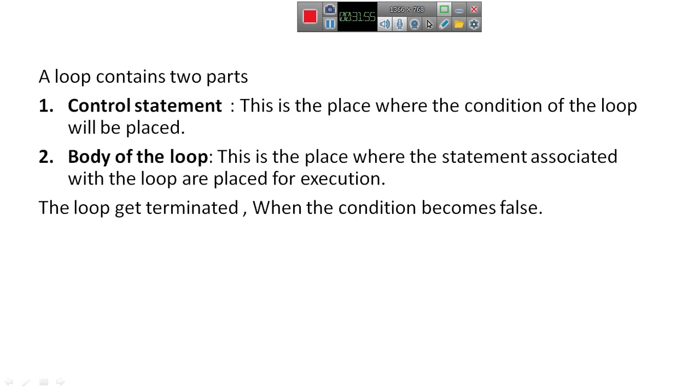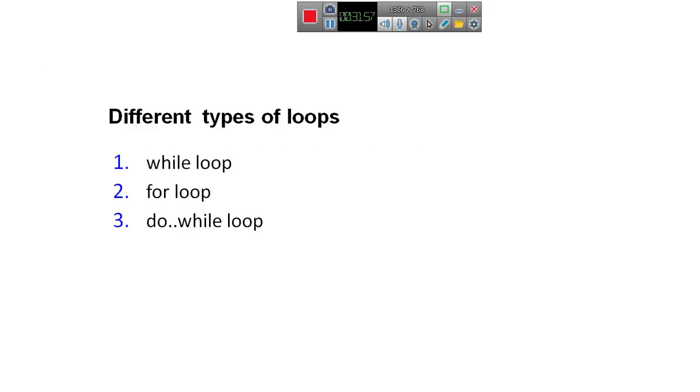Then, types of loops, different types of loops. Here three different types of loops are there. They are while loop, for loop and do while loop.